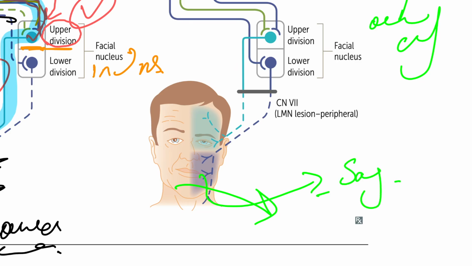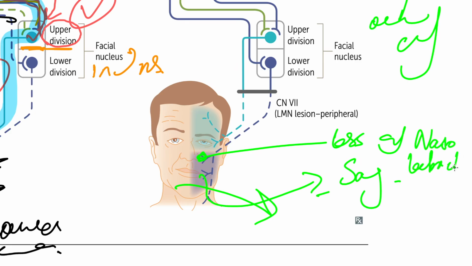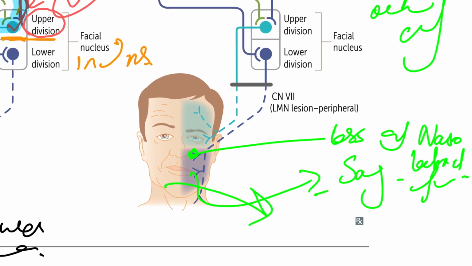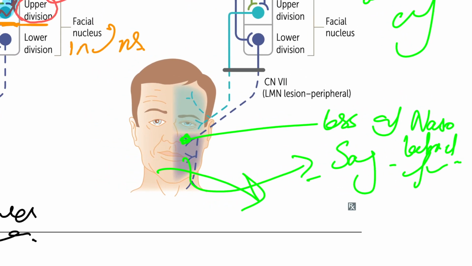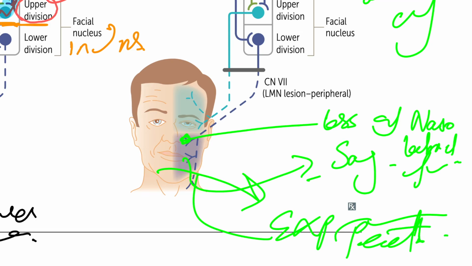And importantly, you have loss of nasolabial folds. Nasolabial folds, important. If you ask the patient, can you expose all your teeth? They will not be able to expose all teeth on the affected side. Okay. And that's pretty much what we have.